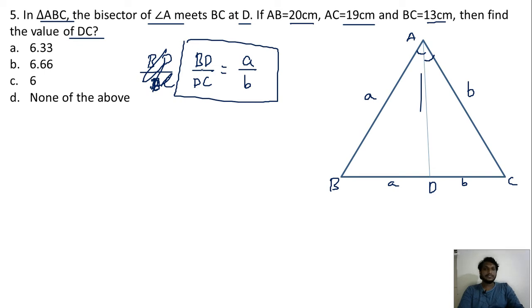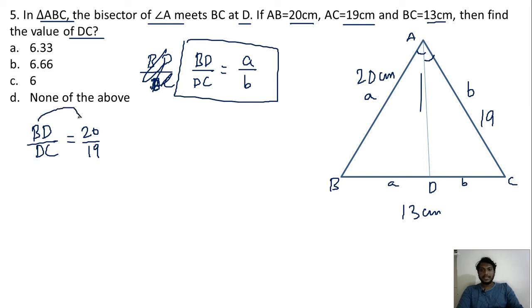Let us see further. The length of AB is 20 centimeters. The length of AC is 19 centimeters. And the length of BC is given as 13 centimeters. Now here we can see that the ratio of BD and DC is equal to 20 is to 19.